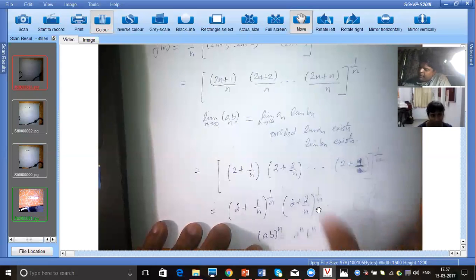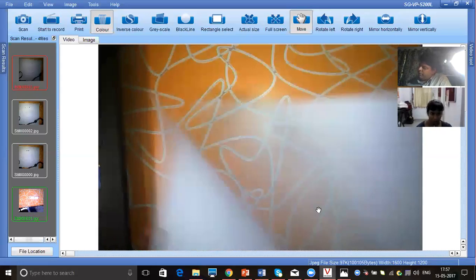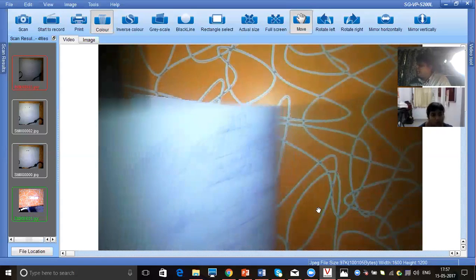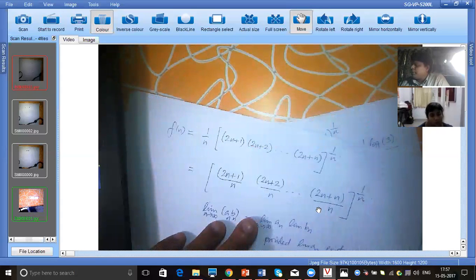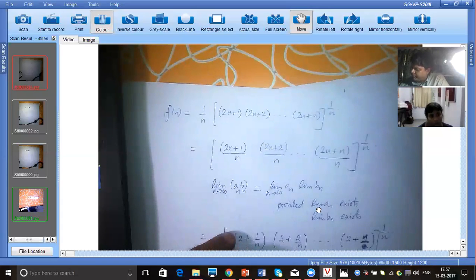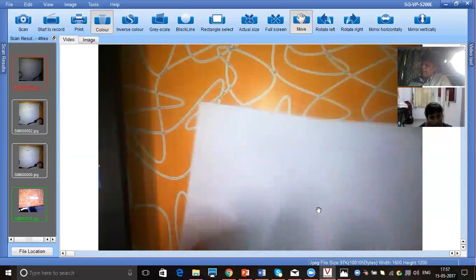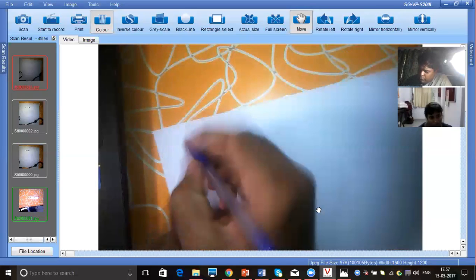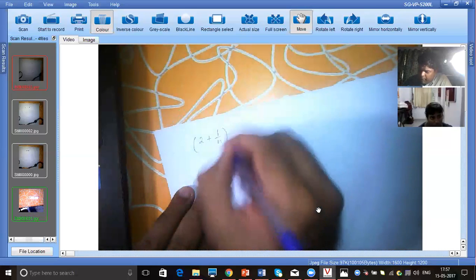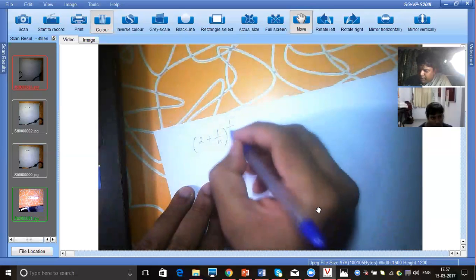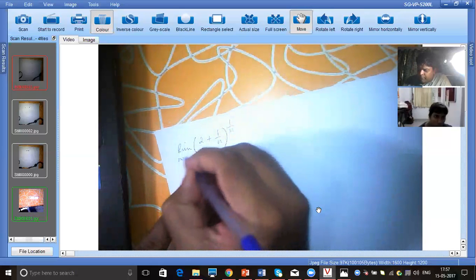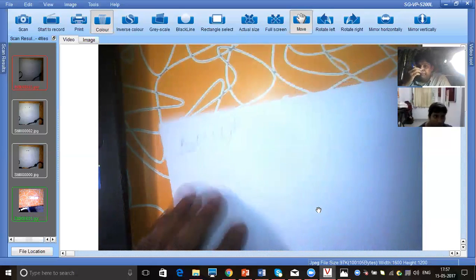All right. Then where were we headed with this? (2 plus 1/n) whole to the 1/n, in the limit as n goes to infinity.